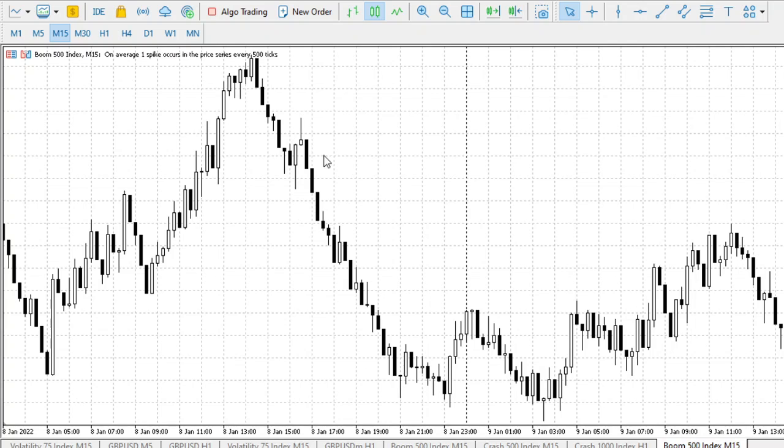So how can we use this to enter? We had entered here, then this will be our take profit. The market went down, up again, take profit. So again it went down, so the previous high will be our entry.